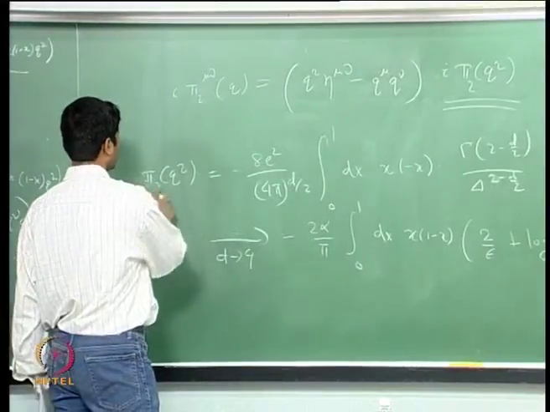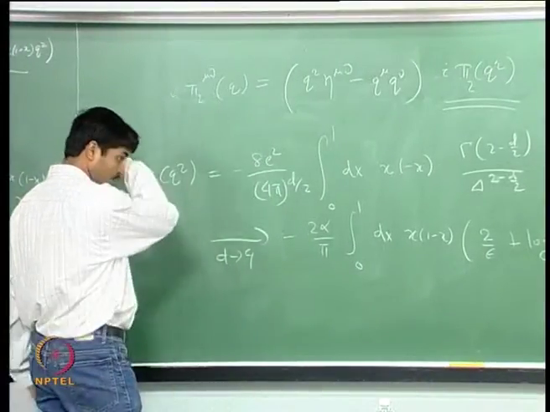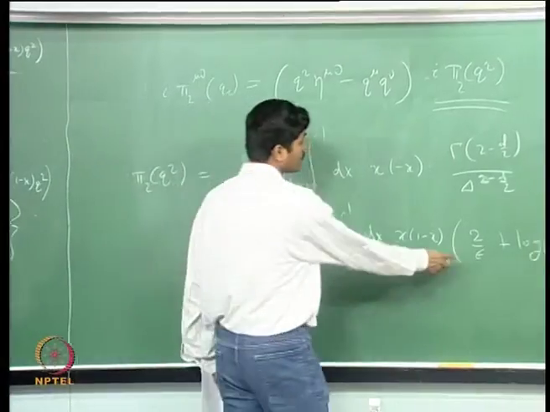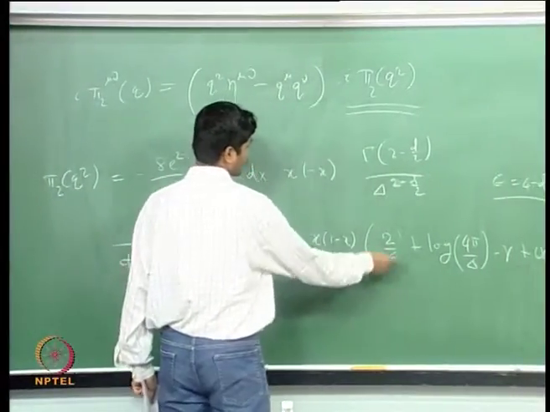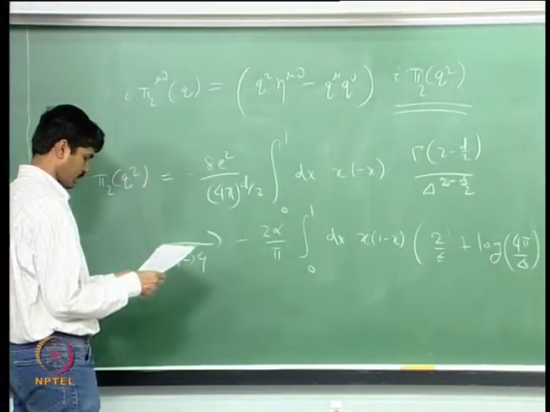This is what we get for pi 2 of q square, and the divergent piece is given by this term here, 2 over epsilon.